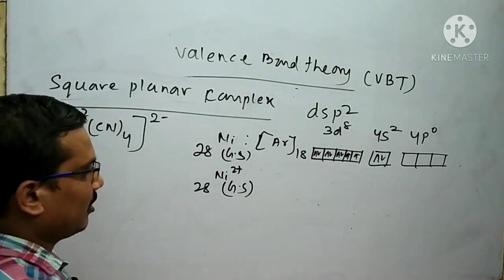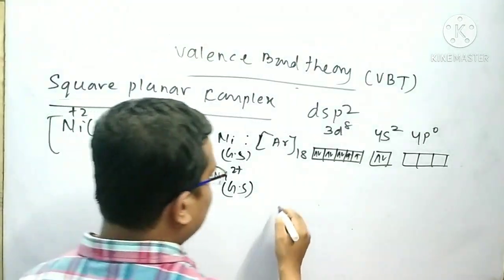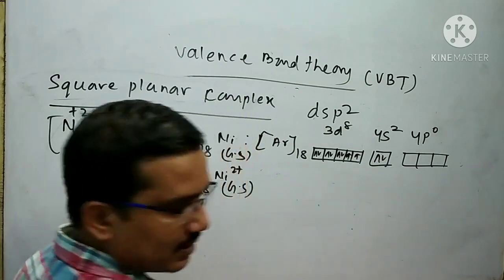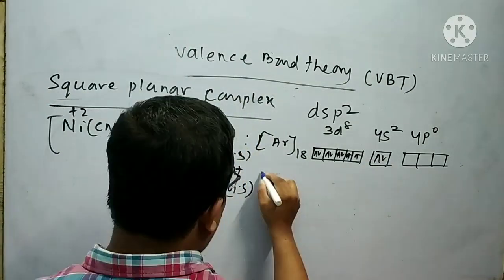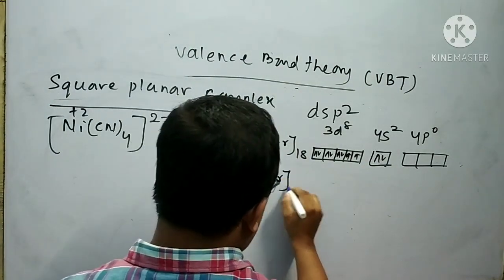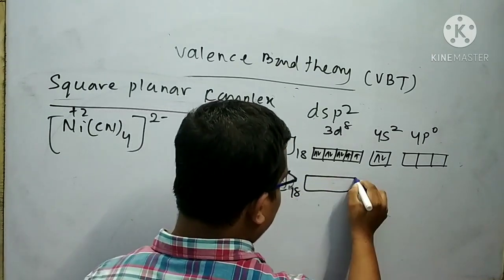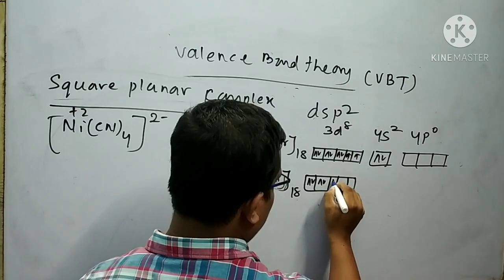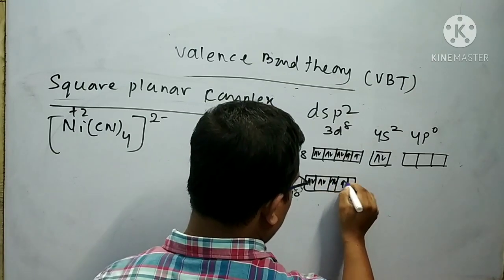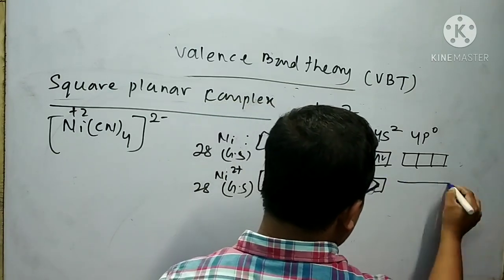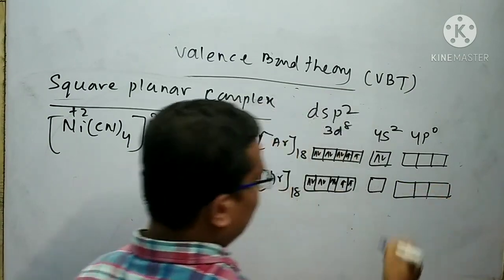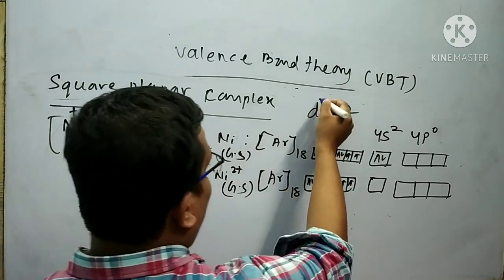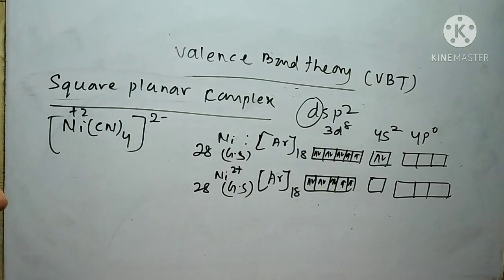Next I will draw the ground state of Ni2+. We remove 2 electrons from the 4s orbital, and I can write like this. This is empty, and this is also empty. We need one inner d orbital.